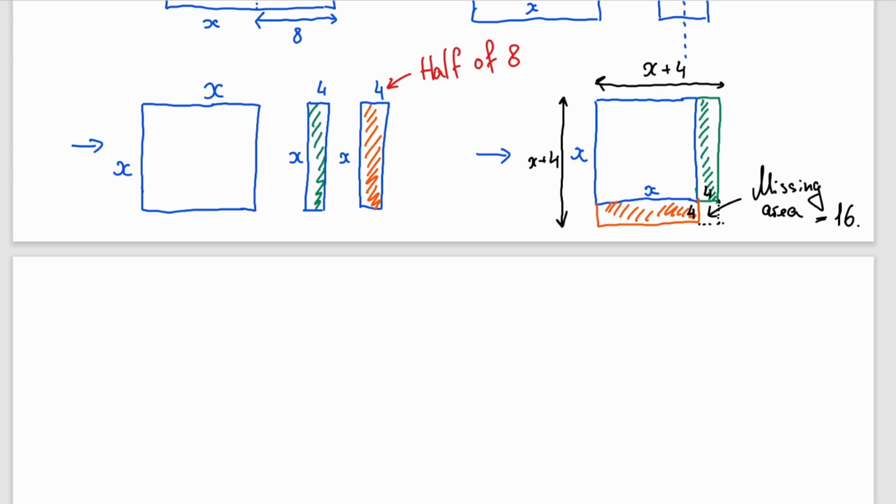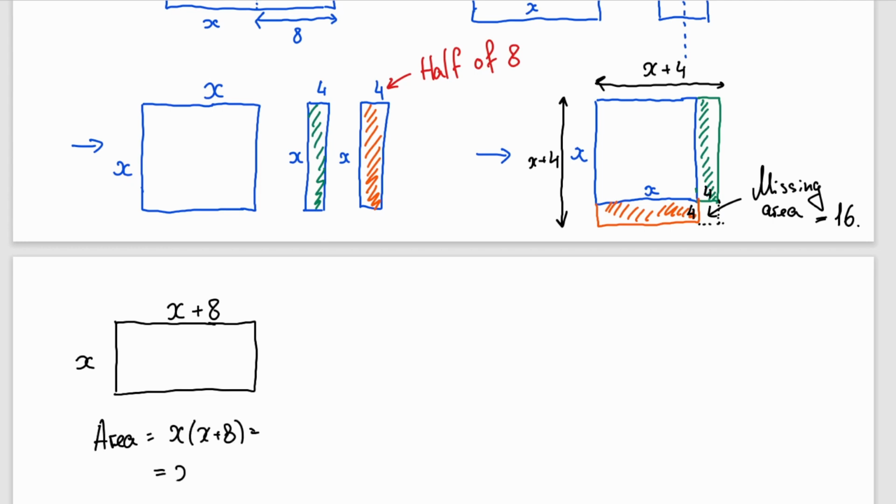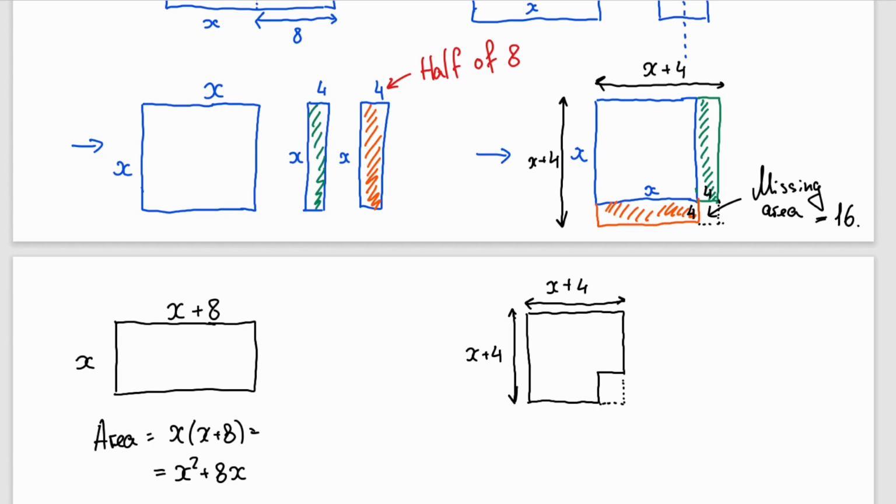Now let's look at the area of the initial rectangle. The area is x times x plus 8, which is x squared plus 8x. After rearrangements, we got a square with this corner missing out.